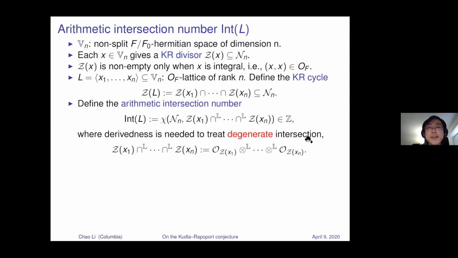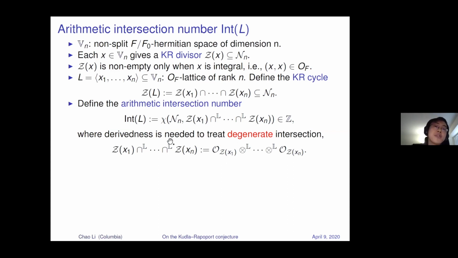So the good way to define the arithmetic intersection number is by doing a derived intersection. The intersection number associated to this lattice will be the Euler characteristic of the coherent sheaves, the structure sheaves associated to these divisors. Take a derived tensor product, get a complex of sheaves, and take the Euler characteristic.